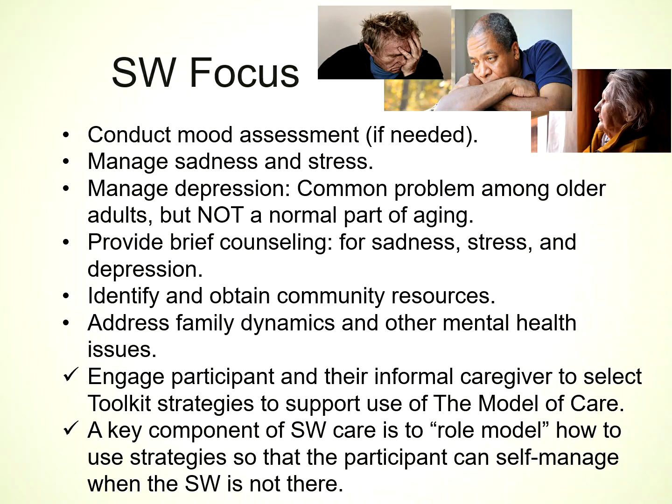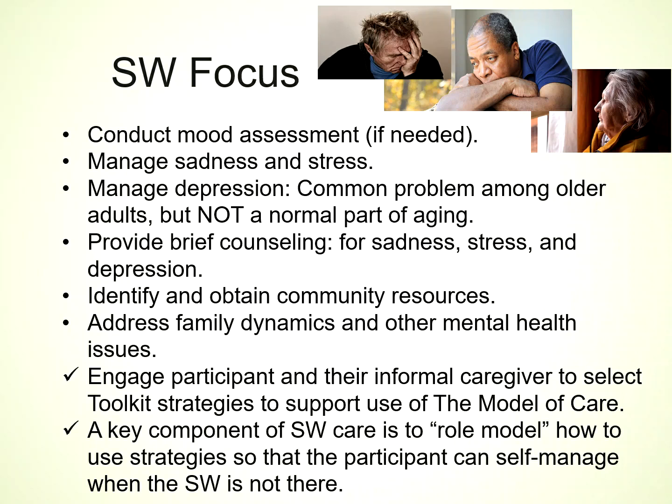And here's what the social worker focus of care is. They can conduct a mood assessment if it's needed and manage sadness and stress, or depression, which is a common problem among older adults, but not a normal part of aging. They can also provide brief counseling for sadness, stress, and depression, and identify and obtain community resources.